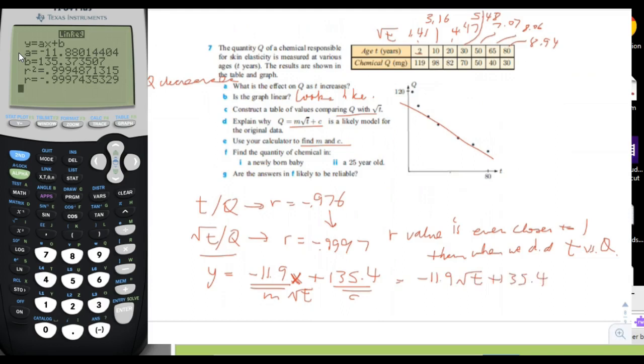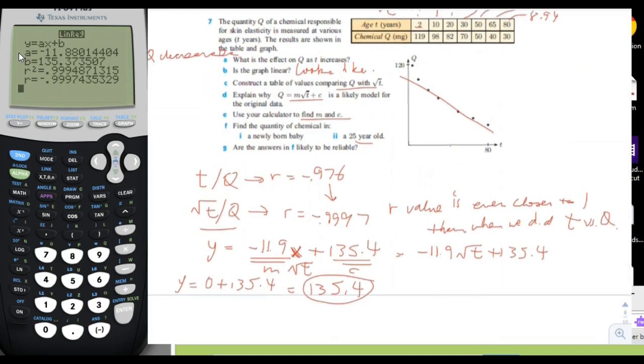For a newborn baby, we're going to have y equals 0 plus 135.4. The value is going to be 135.4 for a newly born baby.